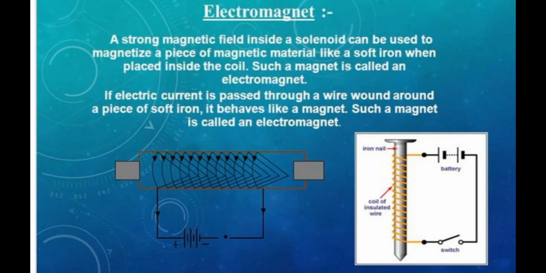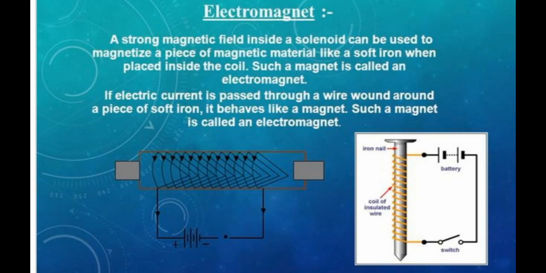The third remarkable property of an electromagnet is that the polarity of an electromagnet can be changed by reversing the direction of current in the solenoid. As we discussed at the start of the chapter, a magnet exists with two poles, and in a permanent magnet the poles are fixed.